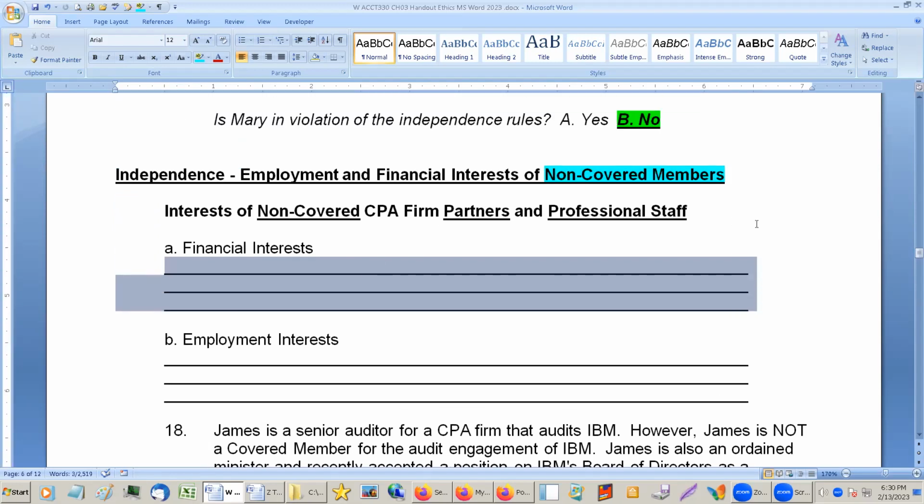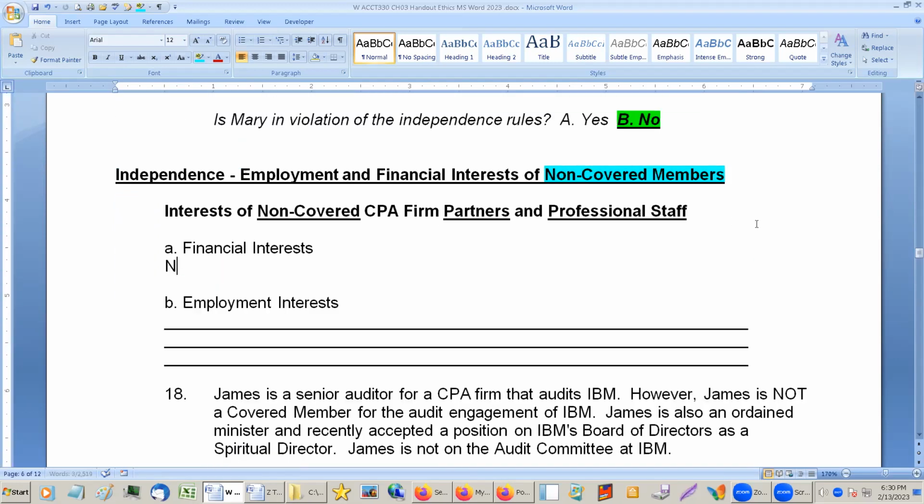Financial interests. Non-covered members cannot own more than 5% of a client.